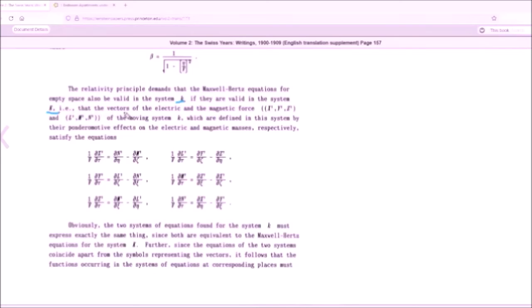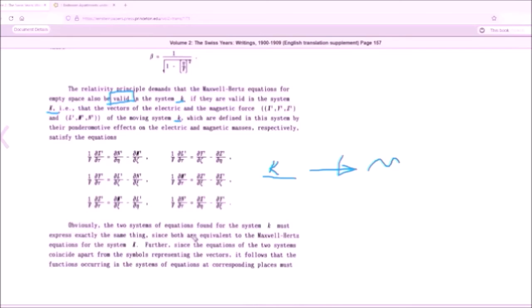That is, the vectors of the electric and the magnetic force, capital X prime, Y prime, Z prime, and capital L prime, M prime, N prime, the magnetic forces of the moving system k, those electric and magnetic forces, which are defined in this system by their ponderomotive effects on the electric and magnetic masses or the electrons respectively, satisfy the equations.